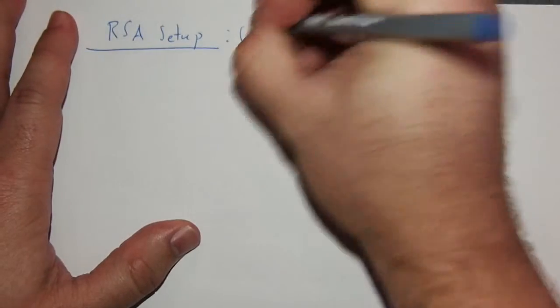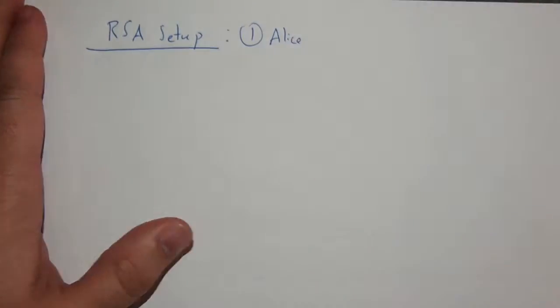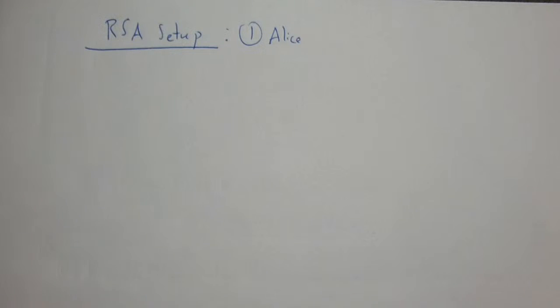Okay, here's the setup. First, in that problem that I listed, you have Alice who wants her public key to be out there and able to be used to encrypt a ton of messages to be sent to her and then safely decrypted with secret info that only she possesses.